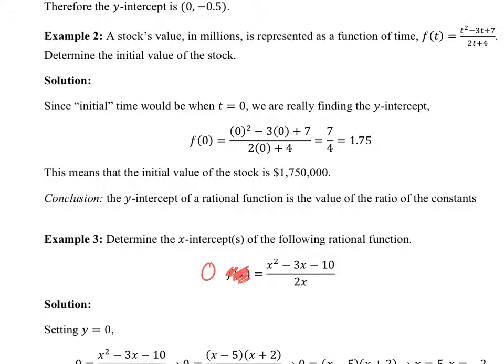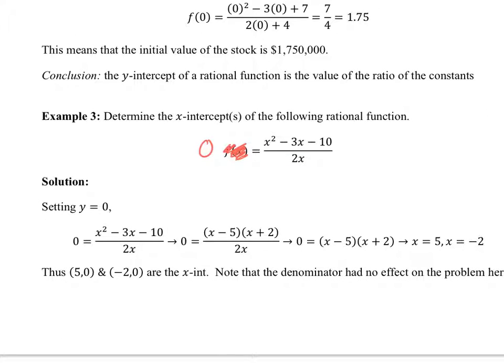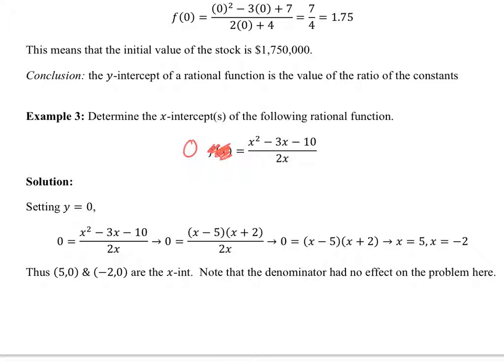So take a look at the numerator. Factor the numerator. The numerator factors into (x - 5)(x + 2). Are there any repeated factors in this one, between the top and bottom? Is there any factor that's in both the top and the bottom here? No. So we don't have to worry about any holes.